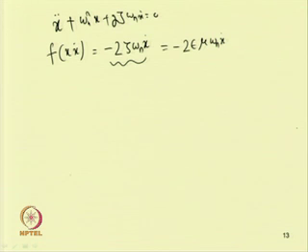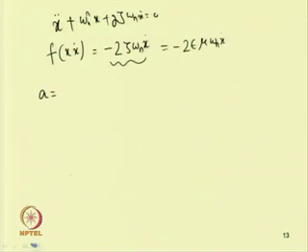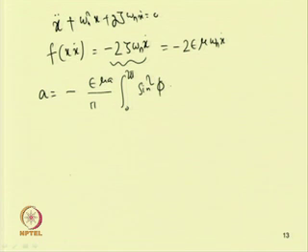By substituting minus 2 epsilon mu x dot in that equation, one can obtain A dot equal to minus epsilon mu A by pi, integration 0 to 2 pi, sin square phi d phi.